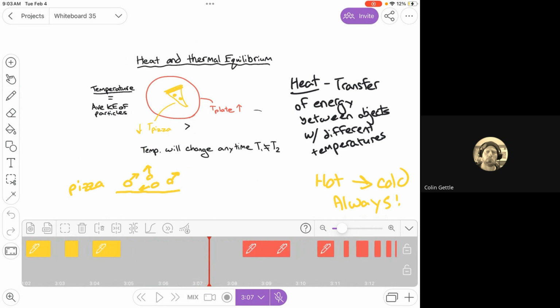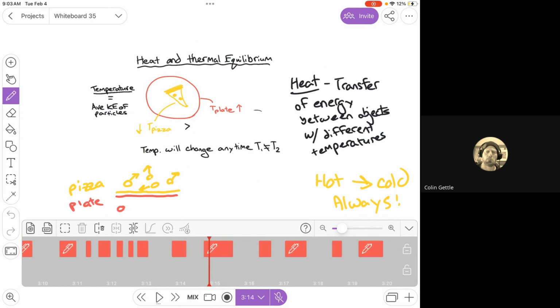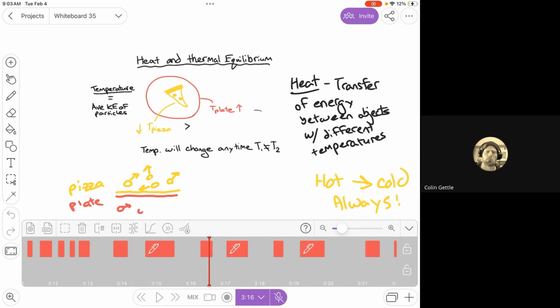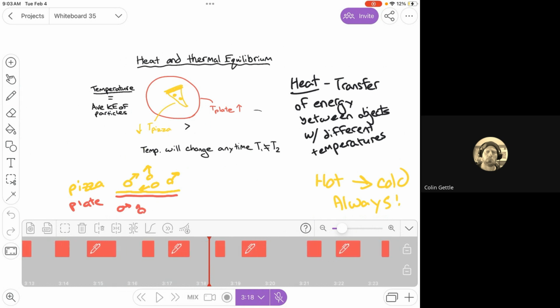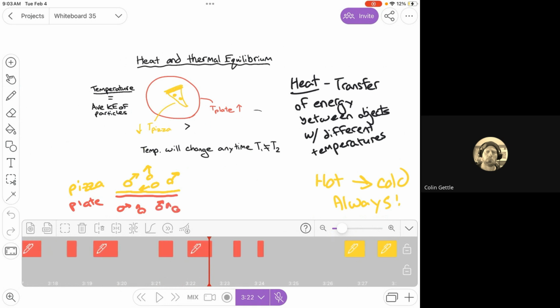Now if we focus on the movement of these particles, the pizza particles are moving faster and further apart because they are hotter. They have more kinetic energy. When you put the slice of pizza on the plate, the particles at the surface of the pizza will come into contact with the particles in the plate. As those particles in the pizza collide with the particles in the plate, they transfer some energy.